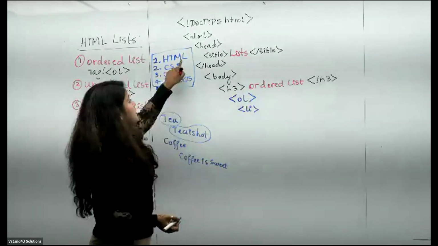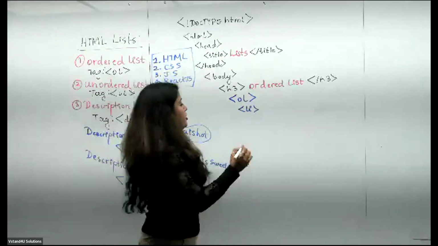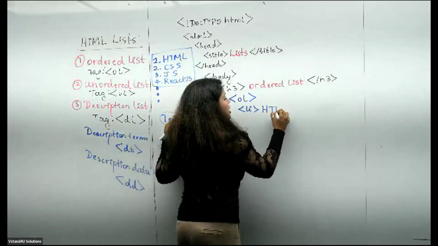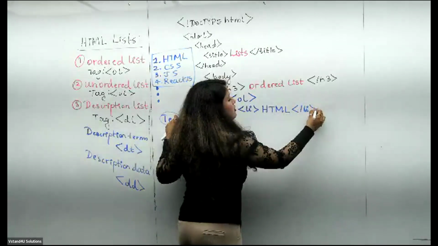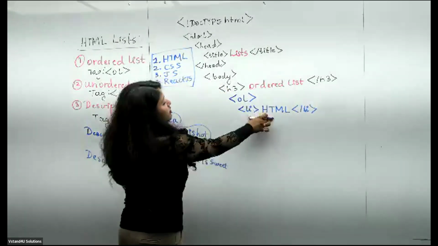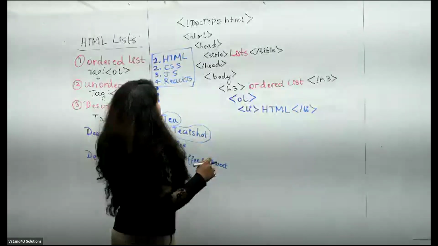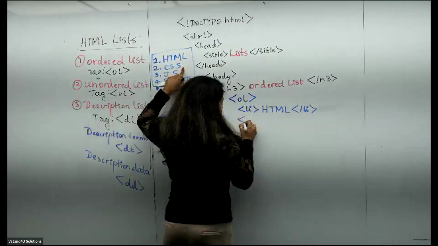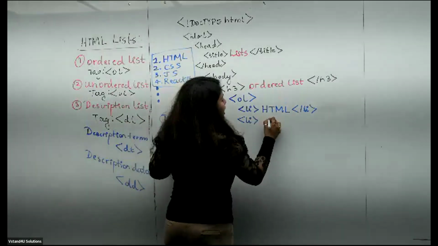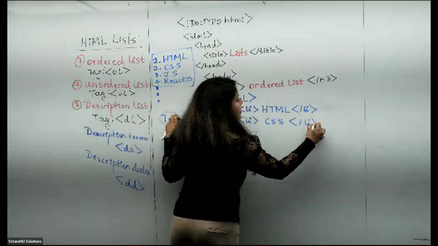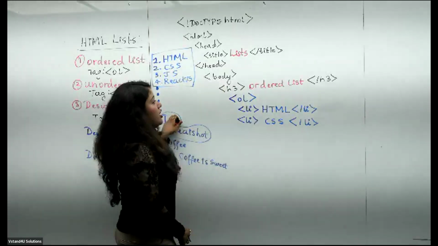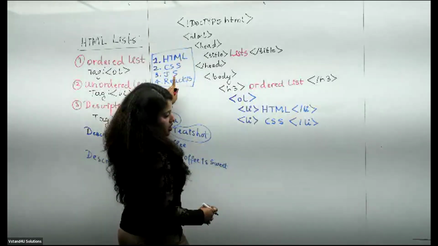LI. What is the first list? HTML. So I will mention this as HTML. And let me close this LI tag. Clear? So this will be printed in the output. Next one is, so I will write again LI tag and I will mention it as CSS and let me close this LI tag. Clear? Next one you have JS.